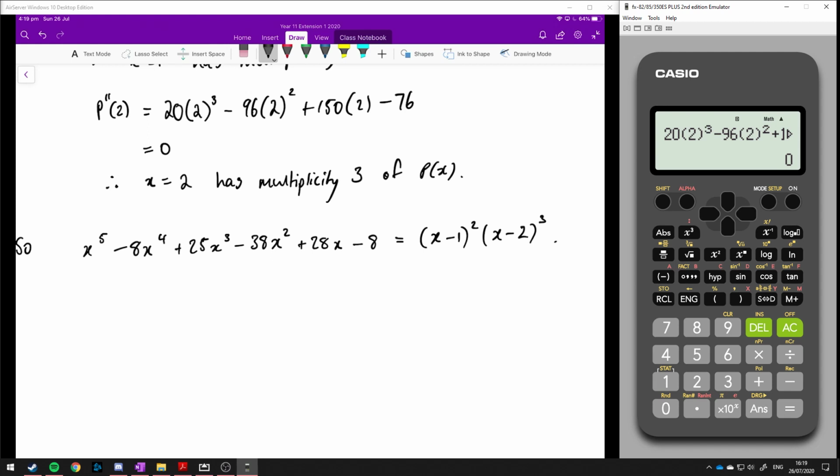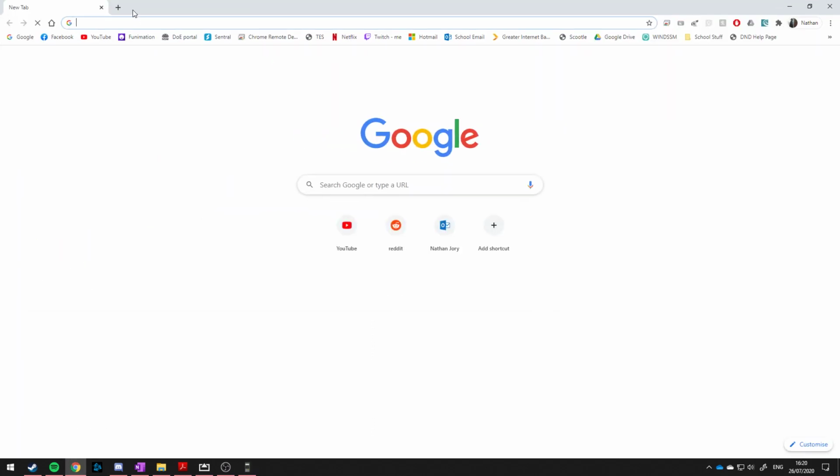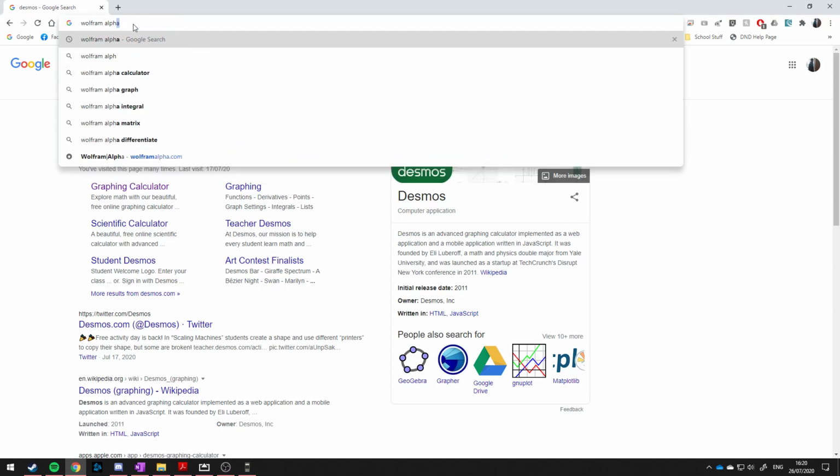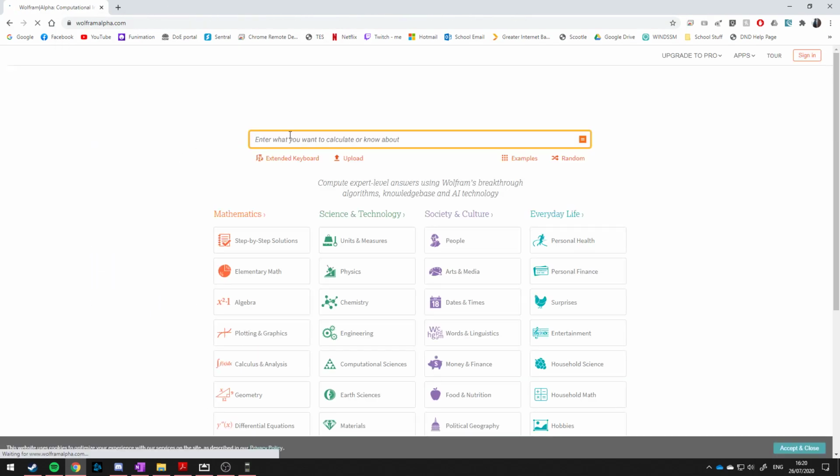So by using the doubles and the triples, by doing that derivative and finding out those doubles and triples, we can actually fully factorize something as big as a power of 5 or even a power of 8. Anything like that. Now, just to verify, what we're going to do is substitute the value into this one.